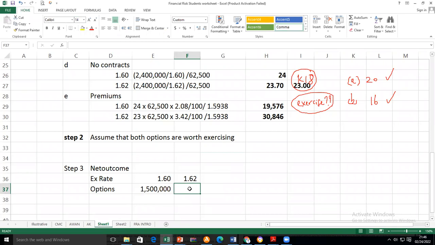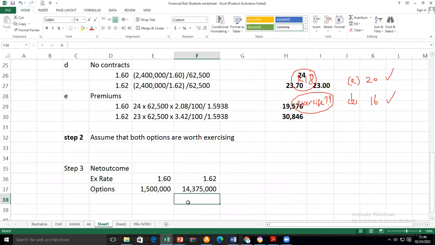What of here? 23 by 62.5. So these are the pounds.